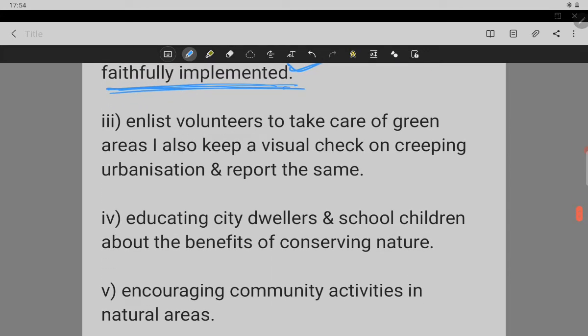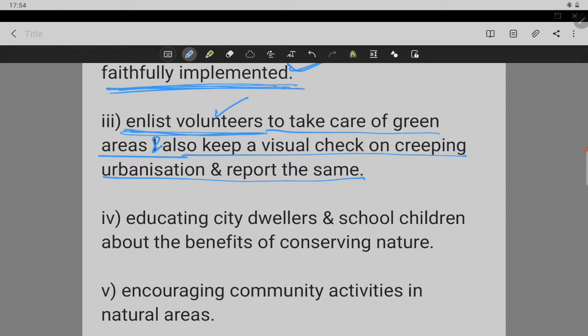Another thing that can be done is enlist volunteers. People who are passionate about nature, passionate about conservation, can enlist as volunteers. Students can enlist as volunteers also to take care of green areas and keep a visual check on creeping urbanization and report the same.